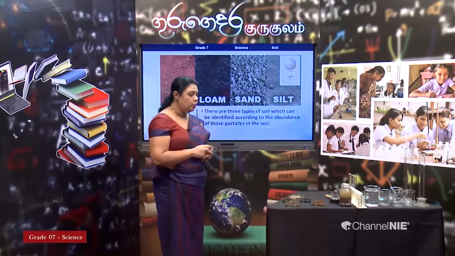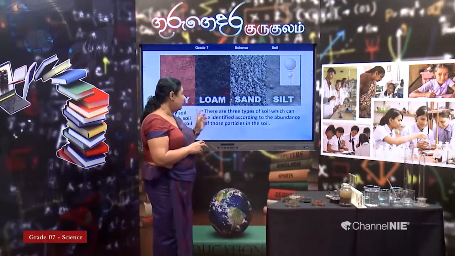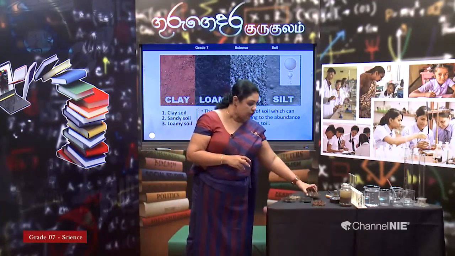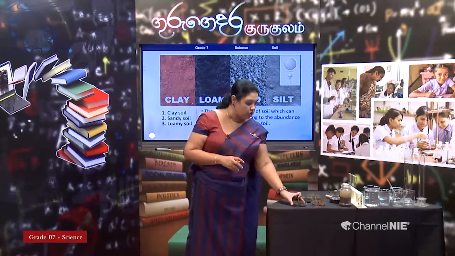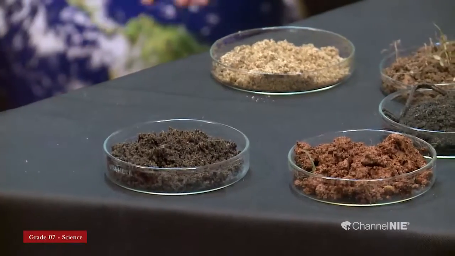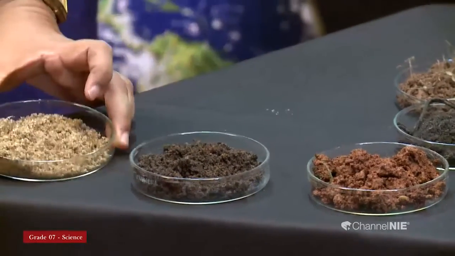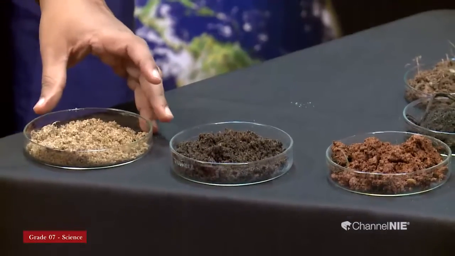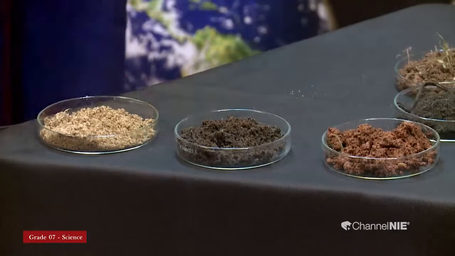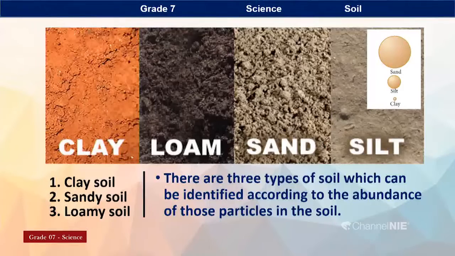Then we will see what is loamy here. By the color and texture, it is easy to identify this is a loamy soil. Sand, of course, all of you can easily identify. There is a little difference between sea sand and river sand. Then silt is a particle which is slightly light in color with small particles.